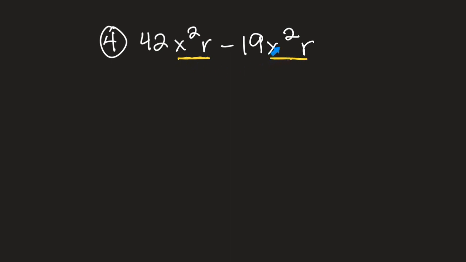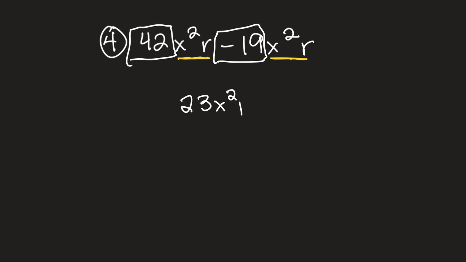Well, the x squares match and the r. So therefore, I can combine these two terms. All I need to do is combine 42 and a negative 19. So what is 42 minus 19? Your answer is 23x squared r.